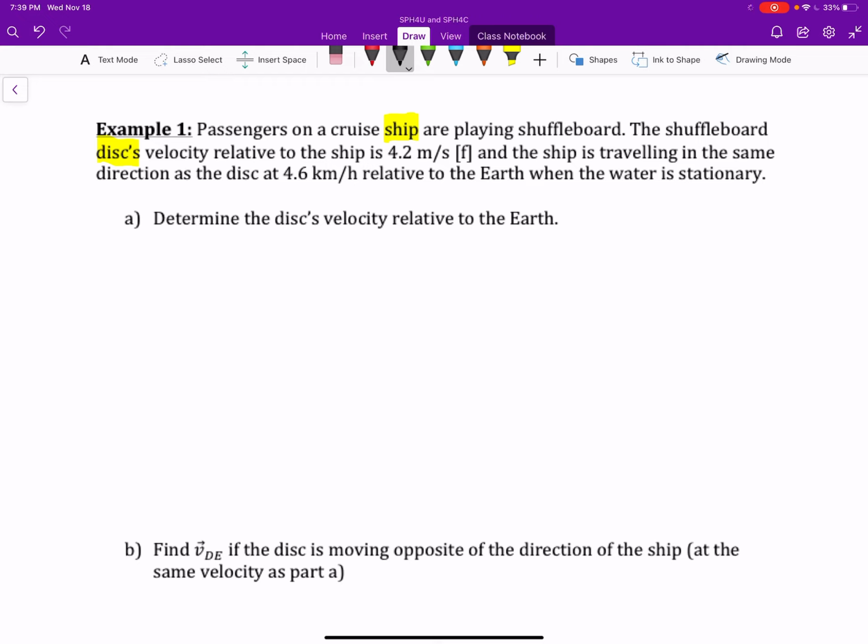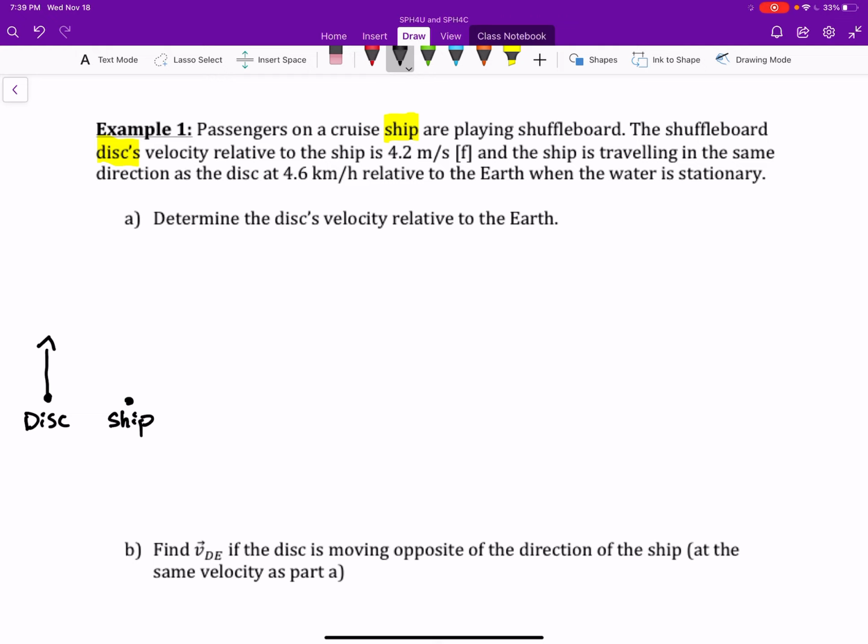Let's draw a diagram. We can see that we have our disc, and then we can have a ship. The disc moves forward relative to the ship. And then we're told that the ship is traveling in the same direction as the disc.